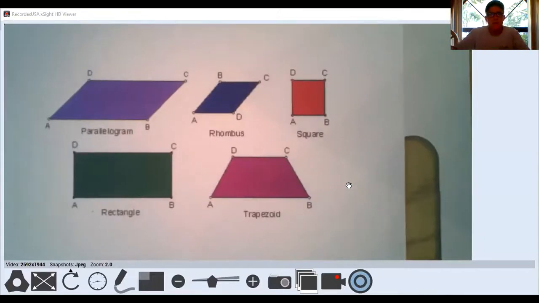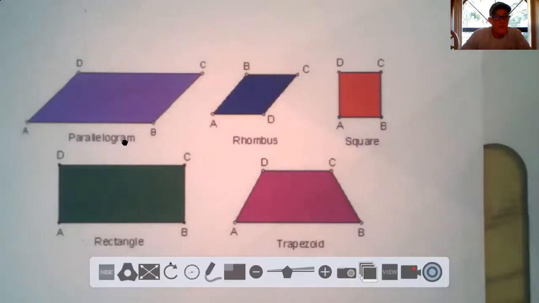And the types of quadrilaterals we are going to learn about today are right in between your eyeballs. They are the parallelogram, the rhombus, the square, the rectangle, and the trapezoid. And what you are going to see is this family of polygons, these quadrilaterals, they kind of have a personality.